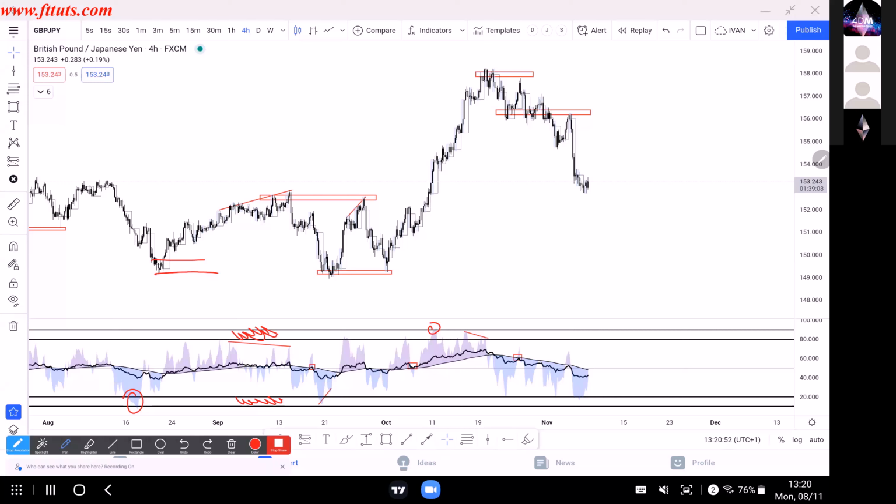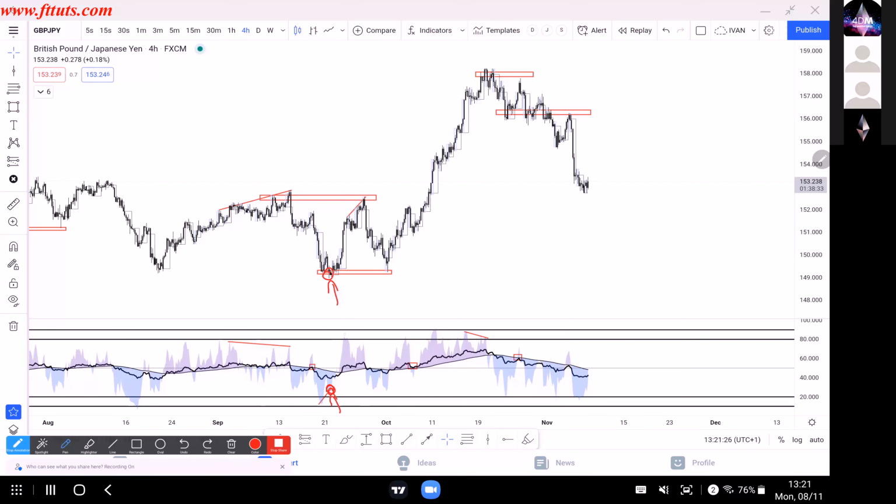Of course, when it comes to supply and demand zones on the indicator, what I like personally to see and what works definitely the best is not entering when price is inside of a demand zone, even though this would be a good entry, but we need to see price leaving the demand zone, tapping into the demand line, and then bouncing off. So entry for me personally wouldn't be here, it would be mostly here.